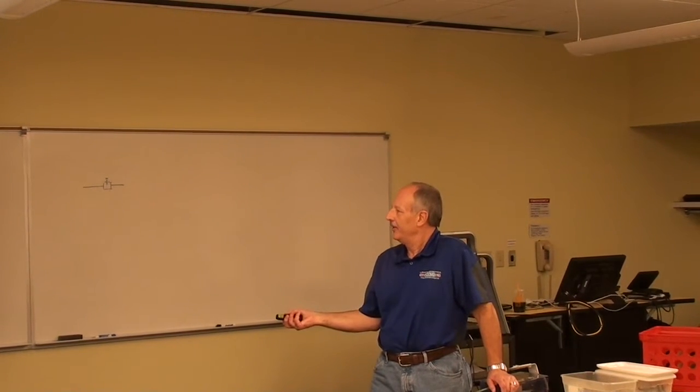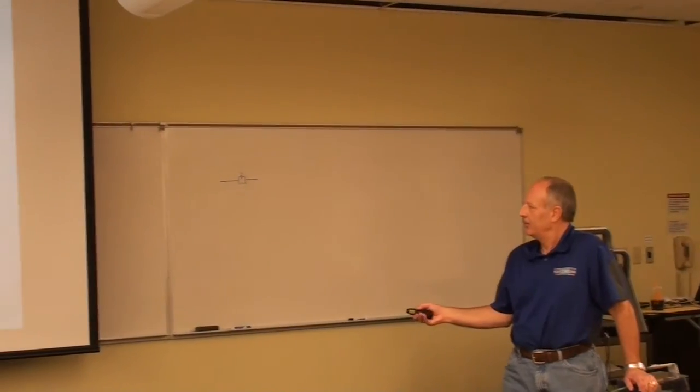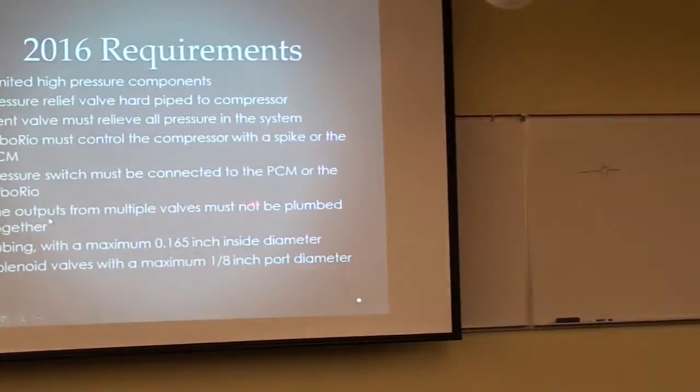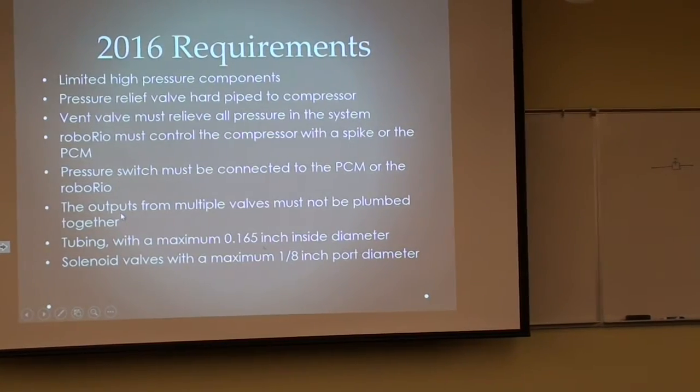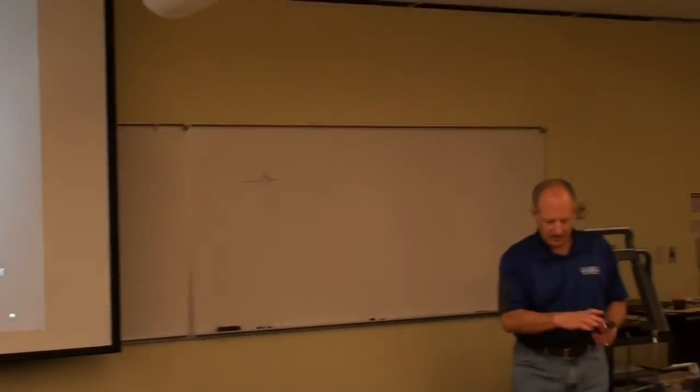Let's see. Oops, back up. Real quick: outputs from modal valves must not be plumbed together. You understand that statement? Teams try to increase the airflow by paralleling. So let's say this is my cylinder, and here's my solenoid valve, and I'm not getting enough air to get this thing to operate as fast as I want.